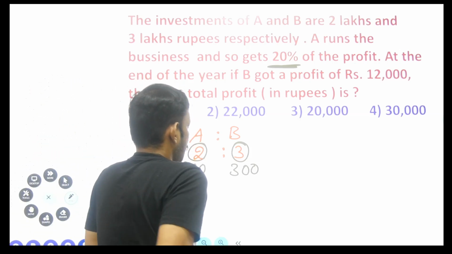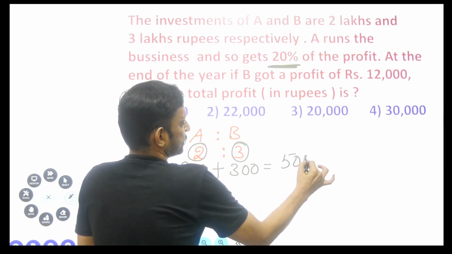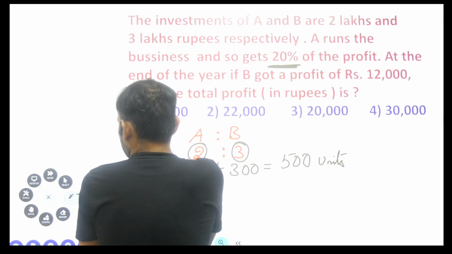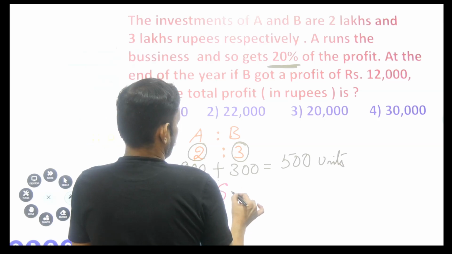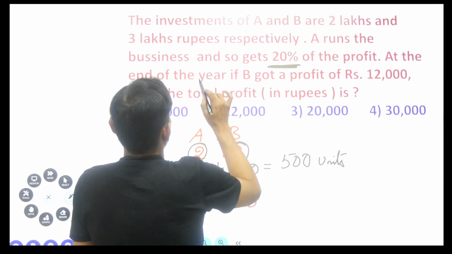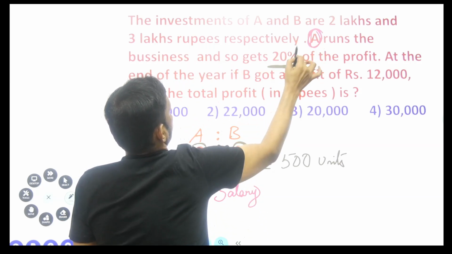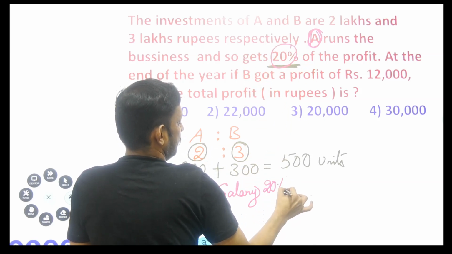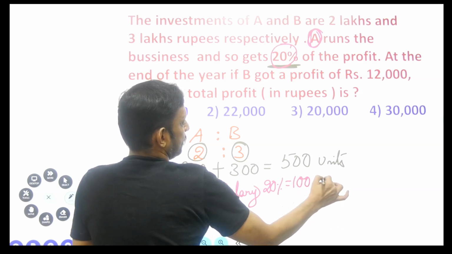And then the total profit becomes how much? 500 units. In that 500 units, who gets the salary? A is a working partner. A runs the business, is a working partner, gets 20% salary. So 20% of 500 is 100 units.